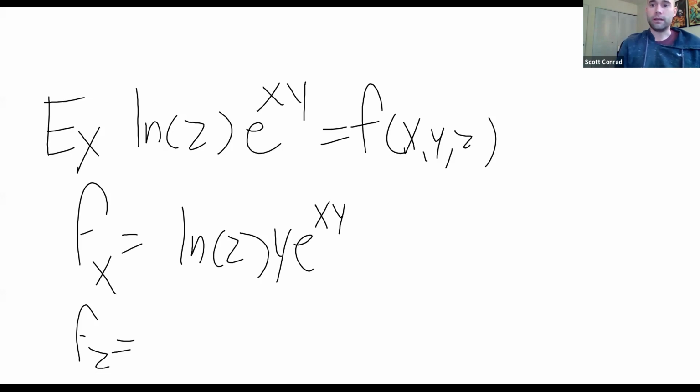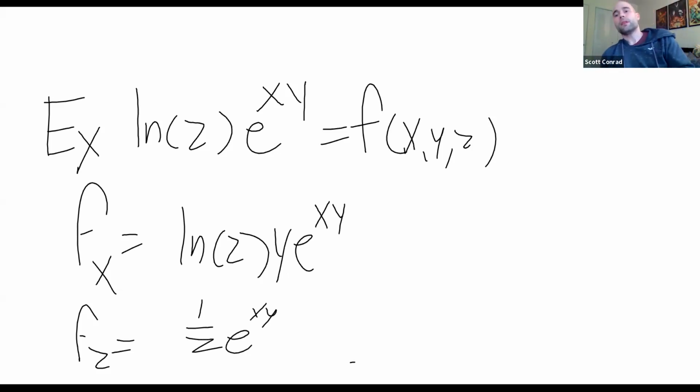What do we get? Exactly. So e to the xy is now a constant because we're treating x and y as constants. Natural log z becomes 1 over z. So it's just 1 over z times that constant: 1 over z e to the xy.